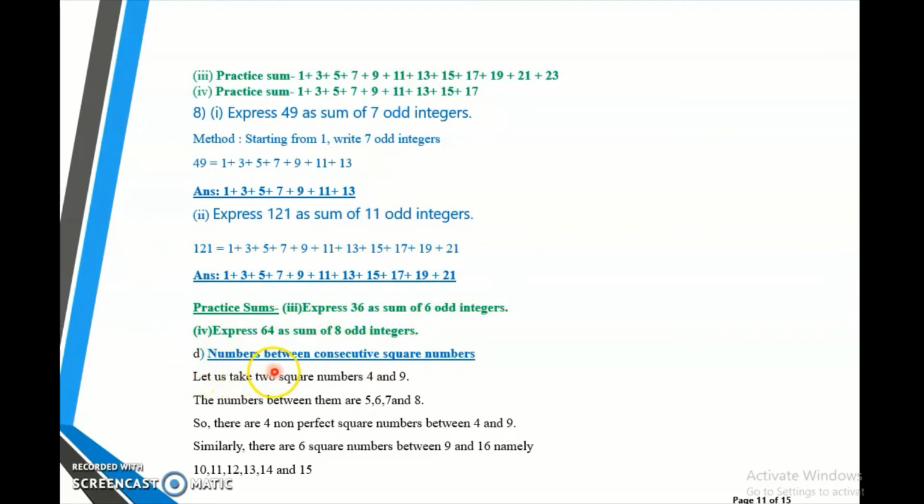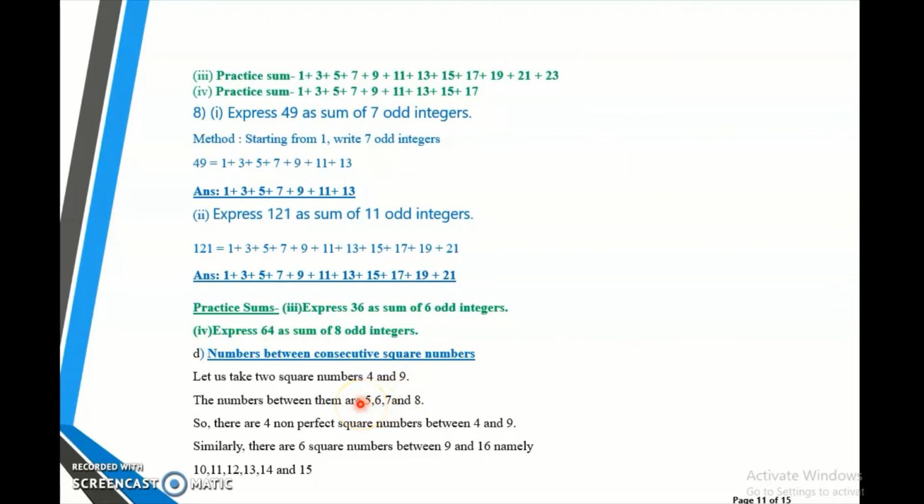Coming to the next special property of square numbers, or let us say to find the non-perfect squares between two consecutive square numbers. Now what do you mean by consecutive square numbers? 4 and 9 are known as consecutive square numbers.